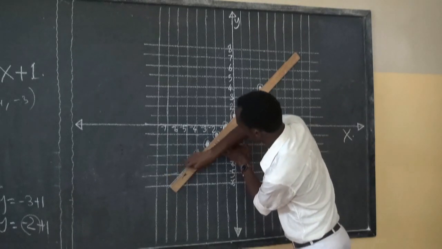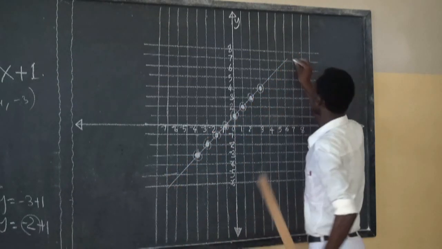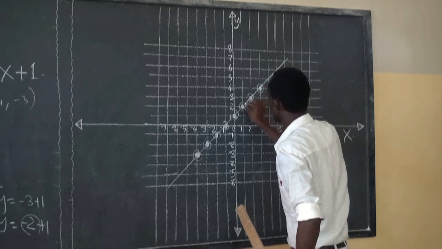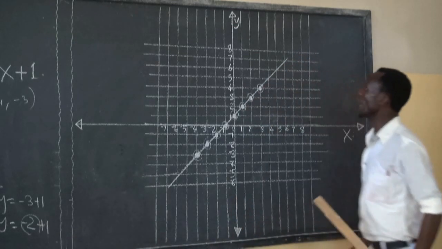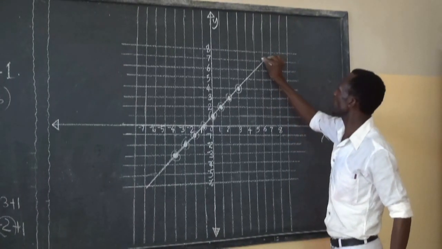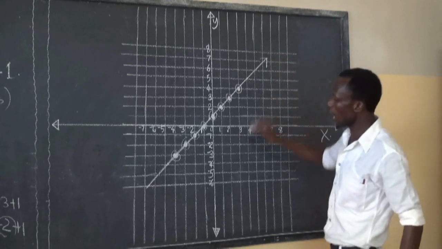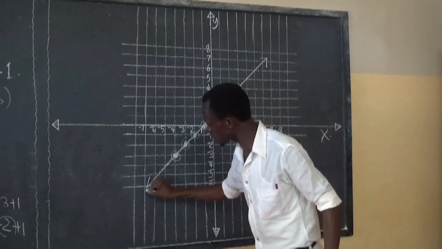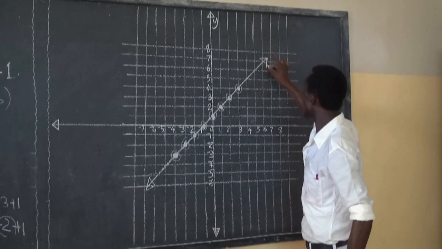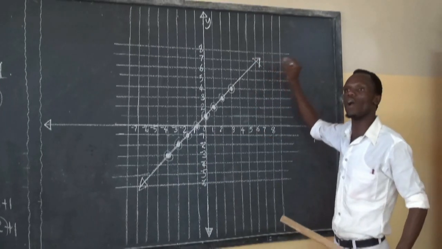Now after joining those points, you will definitely form a straight line. Now a straight line is formed. Now you draw an arrow. An arrow is drawn like this one. Why an arrow? To show that this line has no end.